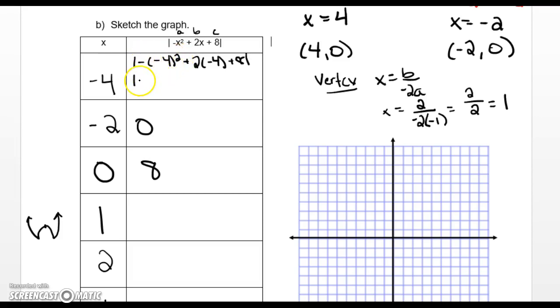We have a negative symbol out there, so that's a -16. 2 times -4 is -8, and plus 8. And we can add and subtract those values. So -16 minus 8 would be -24, plus 8 again would give you the absolute value of -16 again. And the absolute value of that is just positive 16.